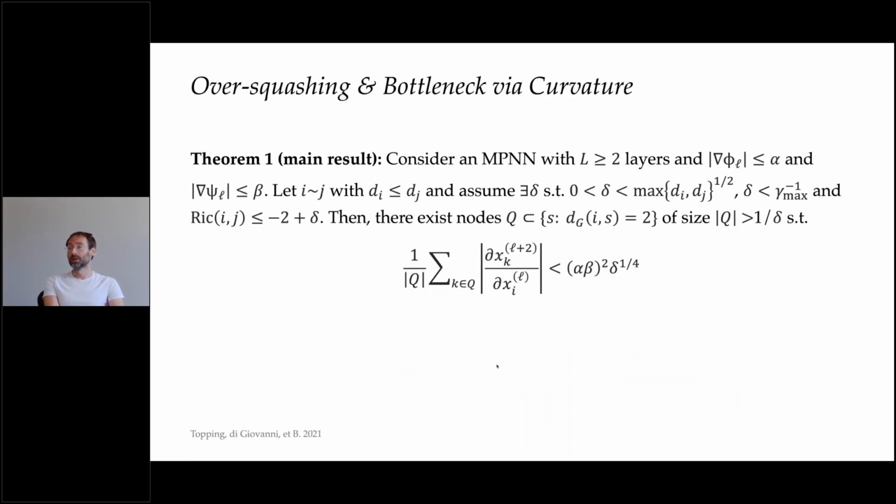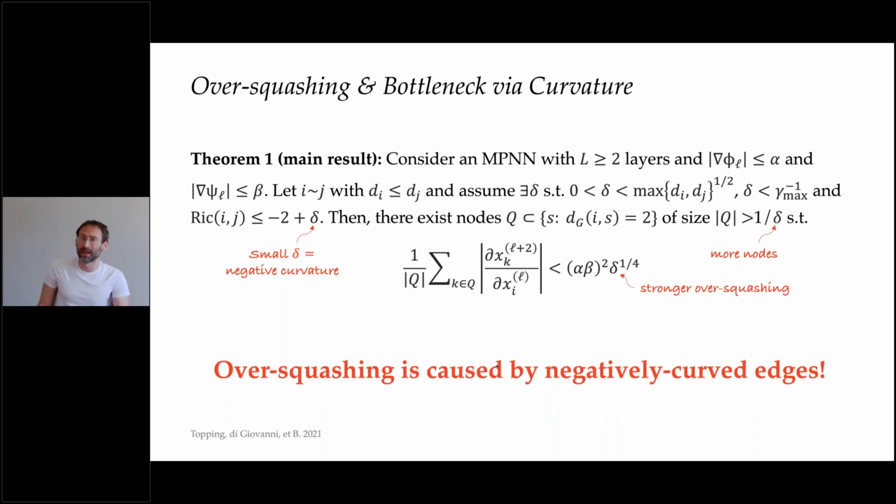And what we show is that if we have a graph, basically we can relate the oversquashing, this Jacobian that we've seen before, that tells us how the output features depend on the input features. We can attribute the small Jacobian to negatively curved edges in the graph. So in other words, negative curvature is bad for information propagation in graph networks.